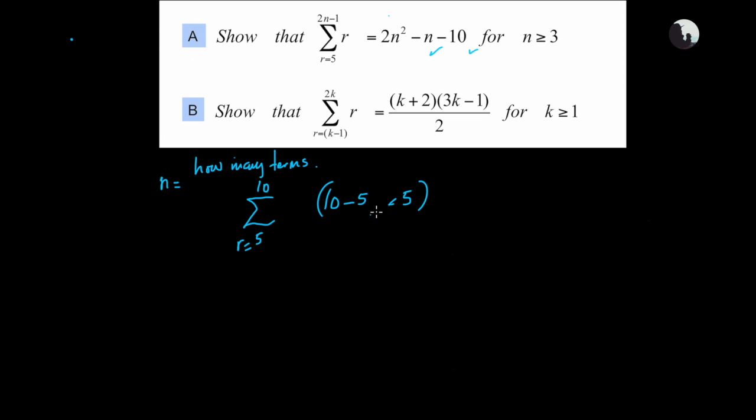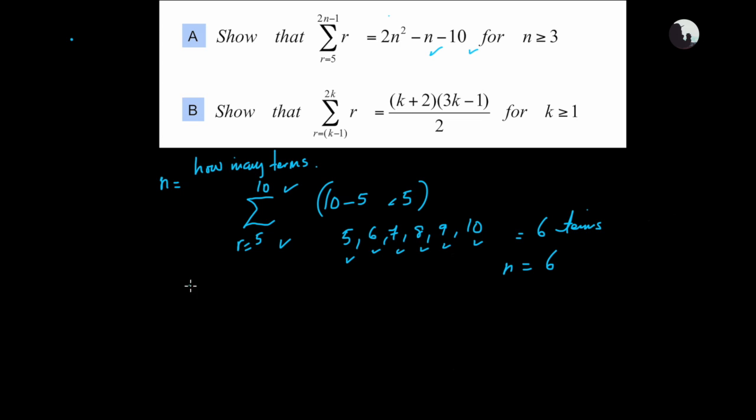This is what the majority of students get wrong when they subtract the lower value from the upper value, because you're not going to get the number of terms, okay? If you count 5, 6, 7, 8, 9, 10, you are supposed to get 1, 2, 3, 4, 5, 6 terms. So if you have 6 terms, your n is supposed to equal 6, not 5.